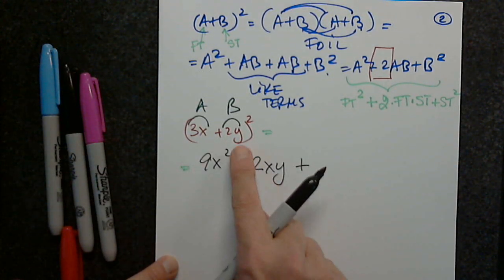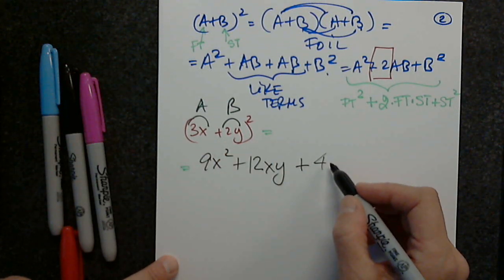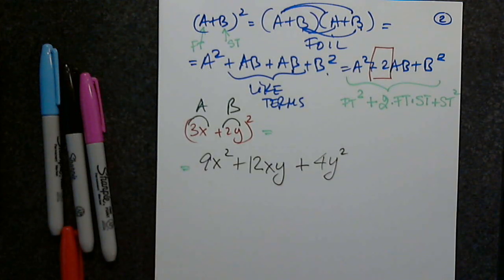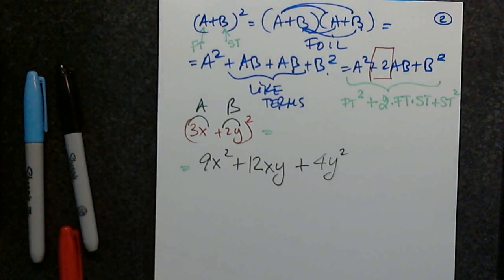And plus the second term squared, which is y squared. That's it. So there is no need for FOILing, but you have to see the pattern. Once you practice it and you see it, you cannot unsee it.